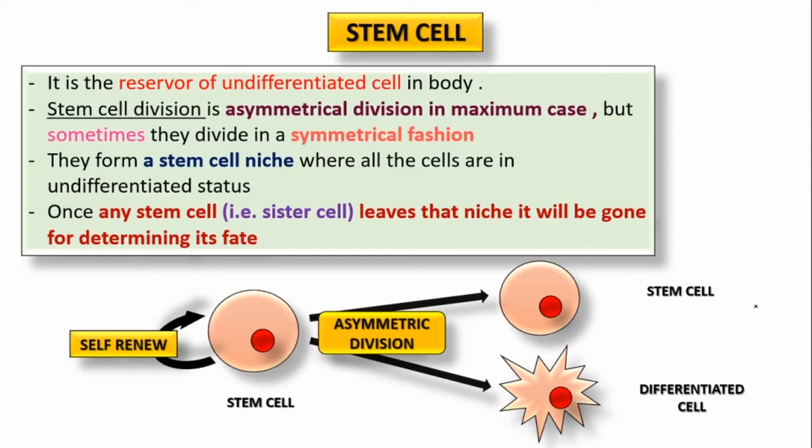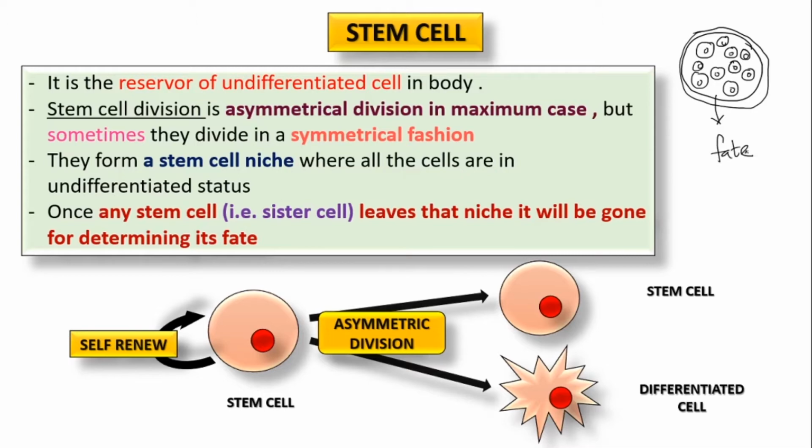Reservoir means, if we assume that this is a reservoir of stem cells, within this boundary the stem cell remains in undifferentiated nature, and once the stem cell leaves this boundary, it cannot remain undifferentiated, and it will gain a differentiated or final fate.